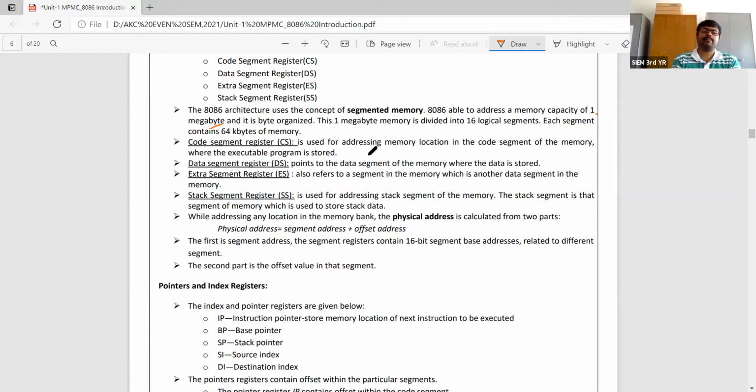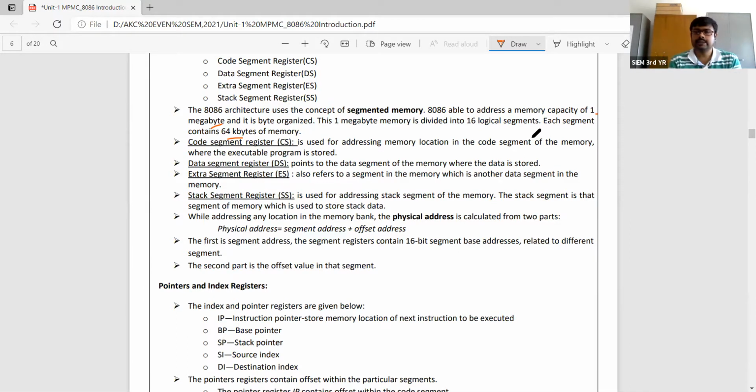This 1 megabyte memory is divided into 16 logical segments. Each segment contains 64 kilobytes of memory.